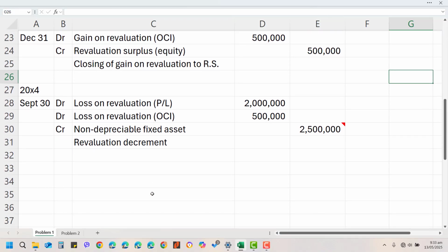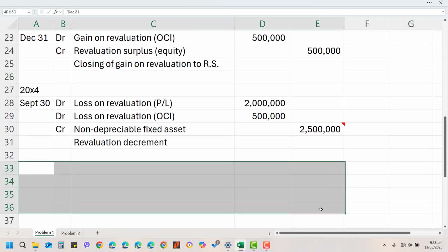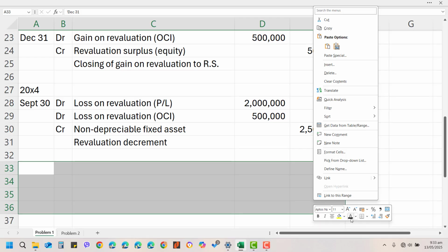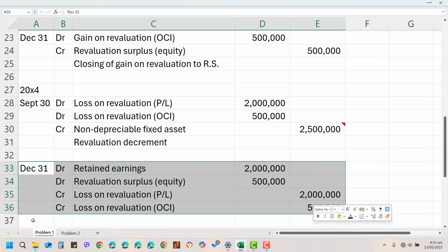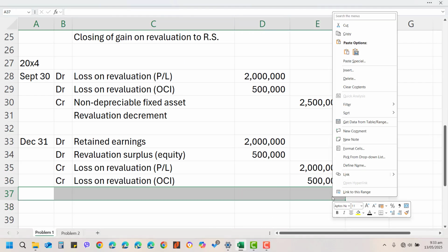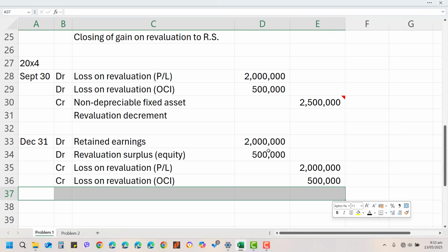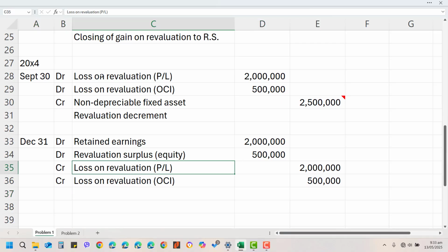Then afterwards, you have to close the transaction. So your loss on revaluation, basically this 2 million, will be closed to retained earnings, but the loss on revaluation here will be closed to revaluation surplus.